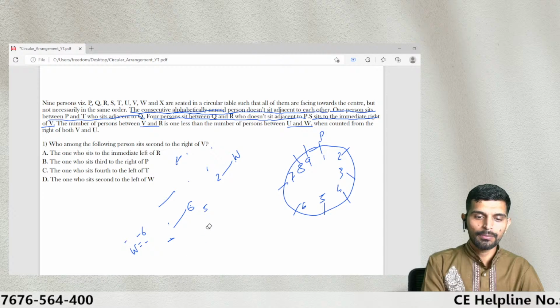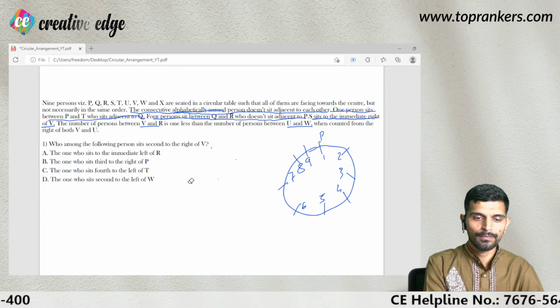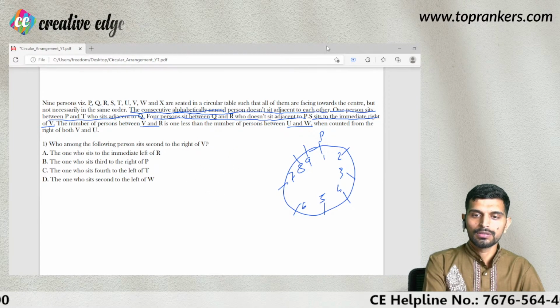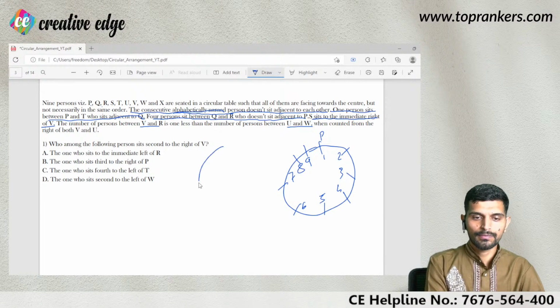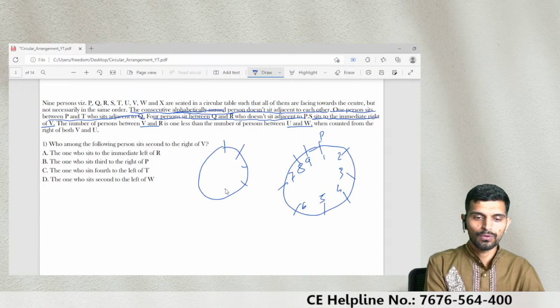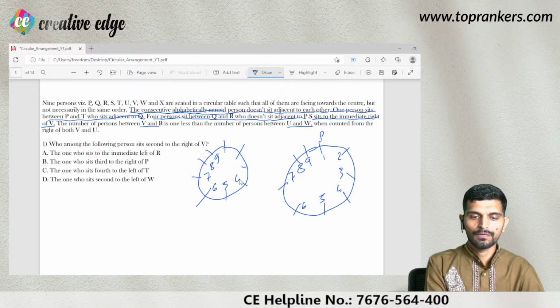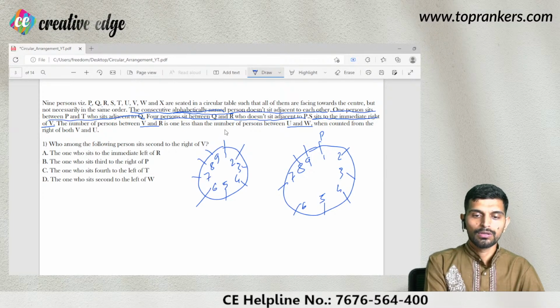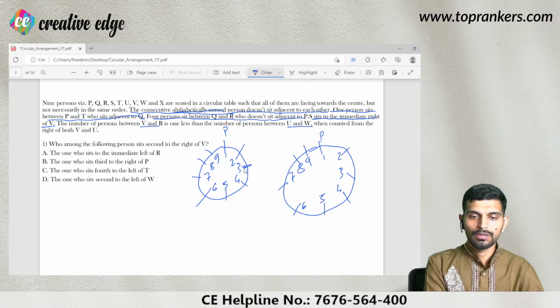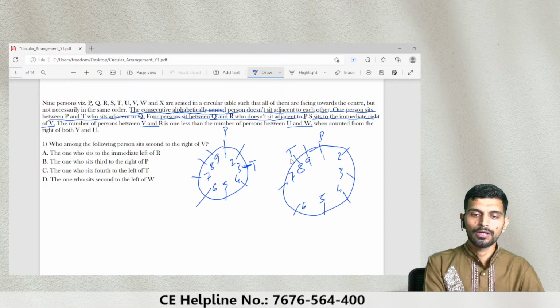I can place T towards the right side of P or I can place T towards the left side of P. So I'll be placing both ways. 1, 2, 3, 4, 5, 6, 7, 8, 9. If I place P here, T could be on position number 3 or T could be on position number 8.